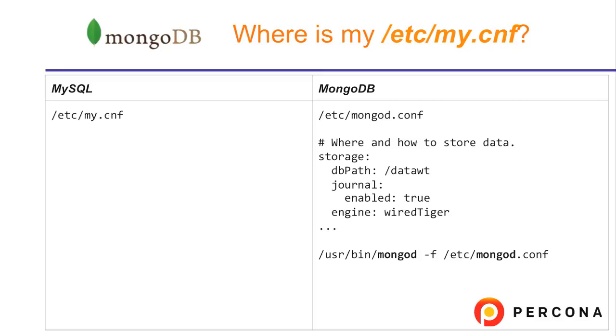Also, what is different is that MongoDB has much fewer knobs, much fewer configuration variables. You just start MongoDB, and in many cases, it will be good enough. Now, that changed actually a lot with the different storage engines, and we will talk about that later. But the concept is that MongoDB is sort of auto-configuring itself.